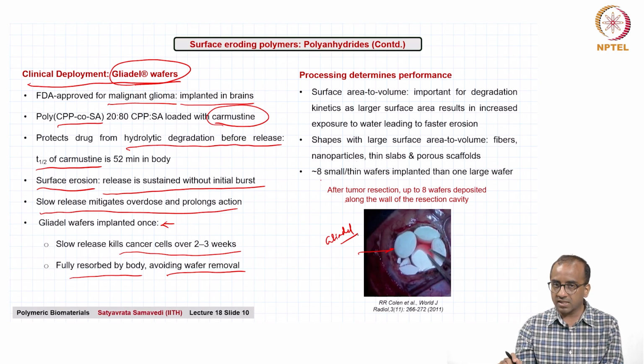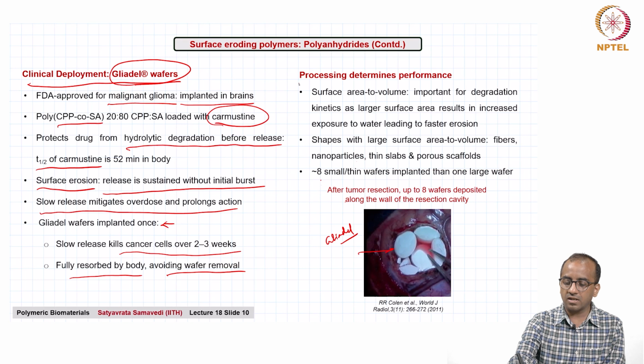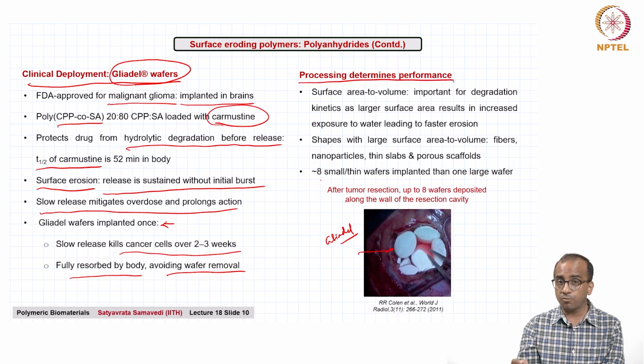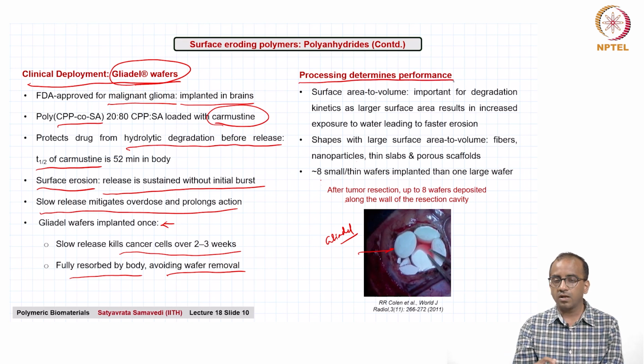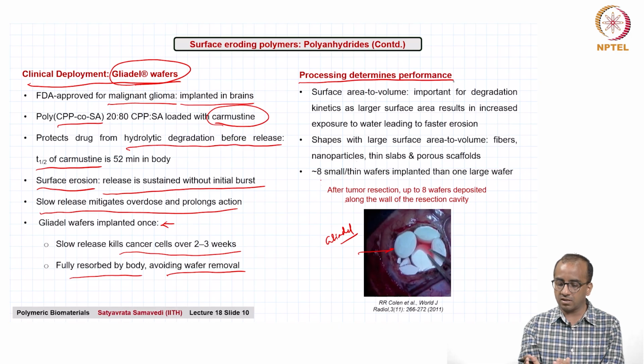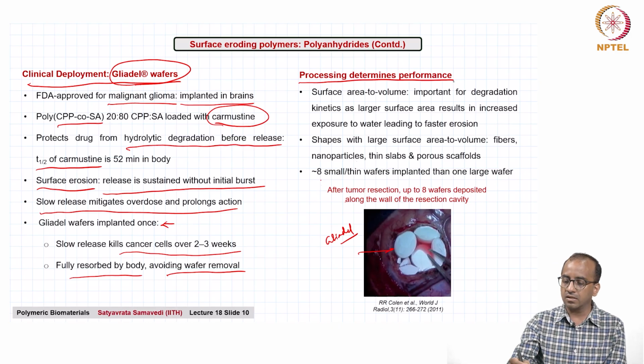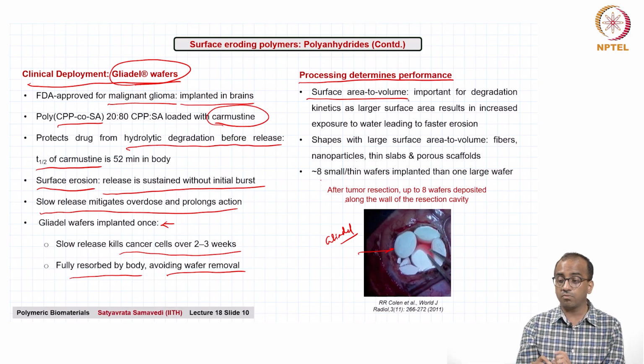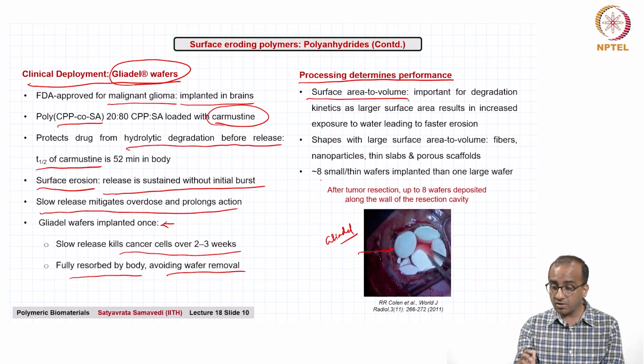Now, one aspect that I want to highlight here is how processing determines performance. The finished form of a product is also very important, because in an application like drug release, the surface area to volume ratio becomes very important, both for degradation kinetics and for the release of the drug.